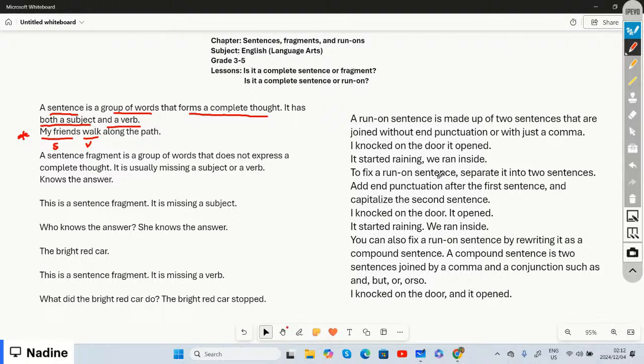And then we have a fragment, or a sentence fragment. A sentence fragment is a group of words that does not express a complete thought.